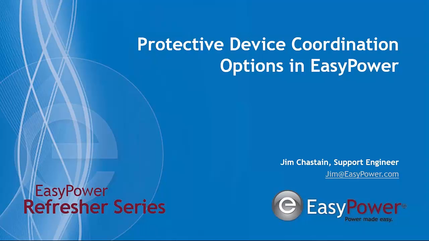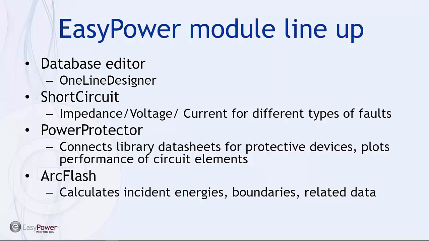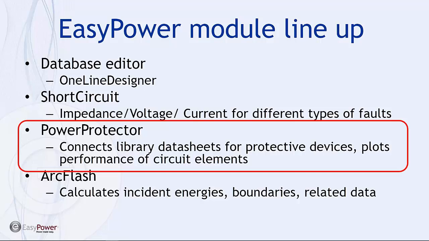Now, as many of you who currently use EasyPower are aware, there are modules involved in short circuit and arc flash studies. This involves the database editor, the short circuit module, PowerProtector, and then the arc flash. I'm leaving off the optional Smart PDC for no particular reason, but our emphasis is going to be on PowerProtector.